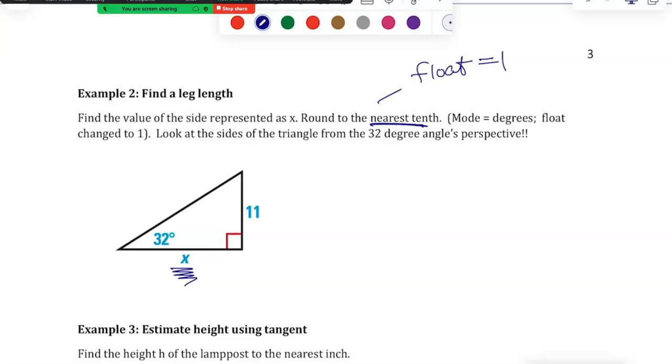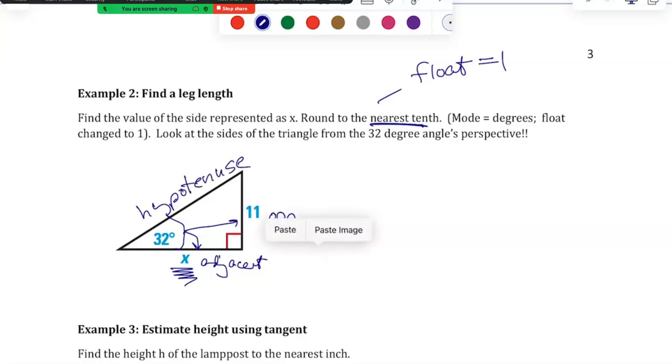Look at the side of the triangle from the 32-degree angle's perspective. This is opposite. This is adjacent because this is hypotenuse. So the tan of 32 degrees equals 11 over x.